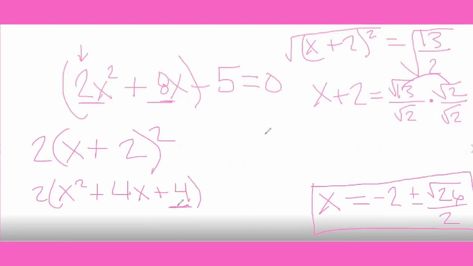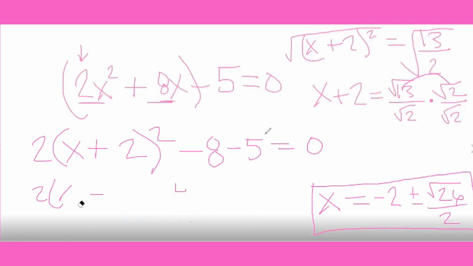So our blank here was 4, but what we actually added to this side was 8. So again, to counteract that on the same side, instead of adding 8, I'm going to subtract 8 on the outside. So that gives us minus 8 minus 5 if we're keeping it on the same side.